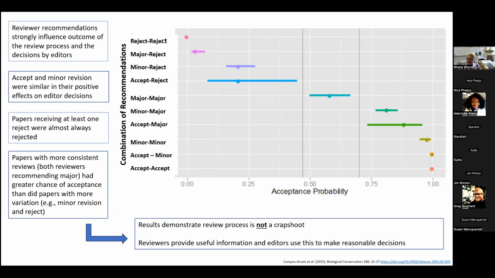So yes, they're saying if they're similar, then the decision is similar in terms of accept. That papers receiving at least one reject were almost always rejected. And that papers with more consistent reviews, where both reviewers recommend major revision, for example, had a greater chance of acceptance than did papers with more variation. So that's really showing the same as the last point.